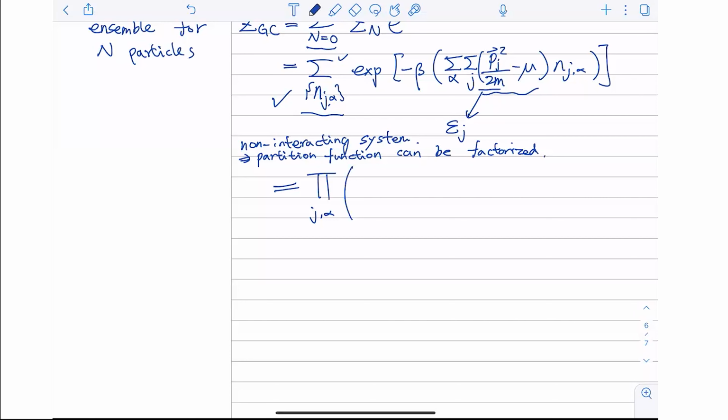But now it is a product of an infinite series of nj alpha. And this infinite series is actually a geometric series that you know how to deal with.